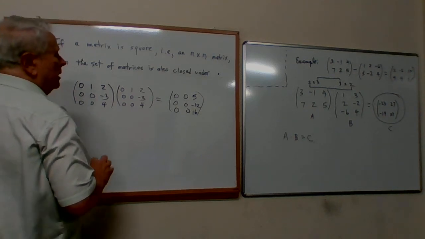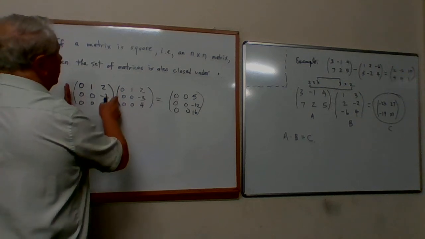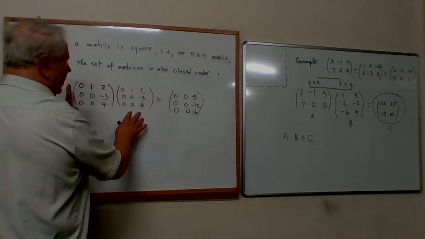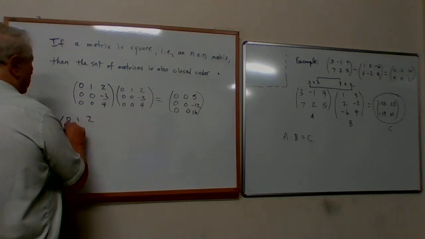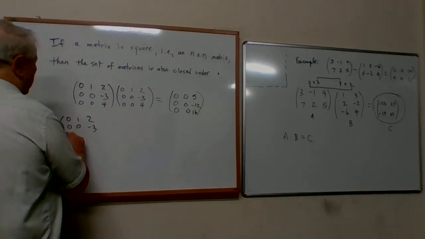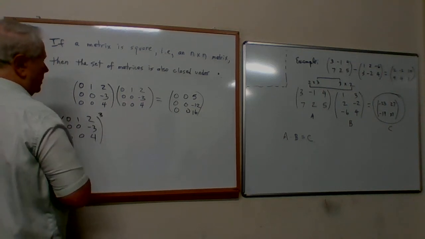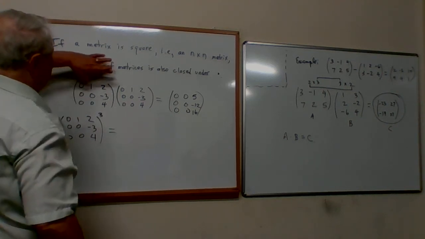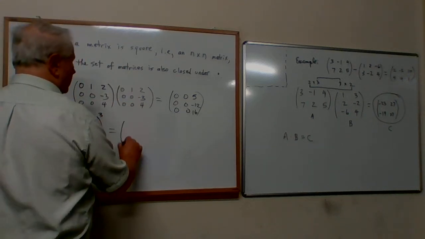Now, I didn't get 0 as a result, but suppose that I take one more copy of this matrix now. So that's going to be 0, 1, 2, 0, 0, negative 3, 0, 0, 4 cubed. And so that's the matrix squared times another one.